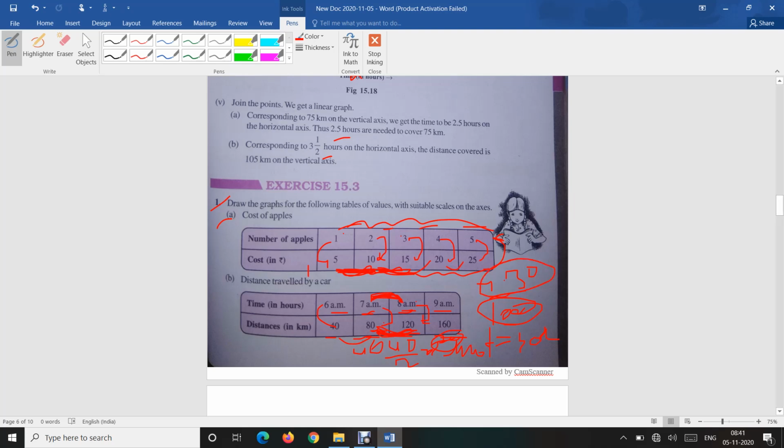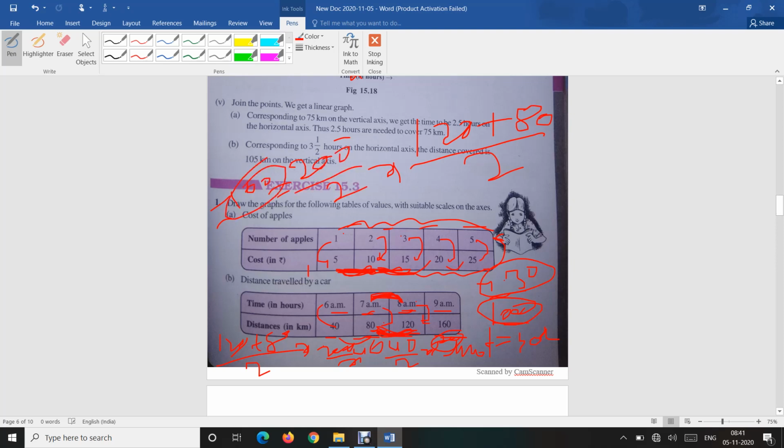You can also do it like this: 120 plus 80 divided by 2, which is 200 divided by 2, equal to 100.